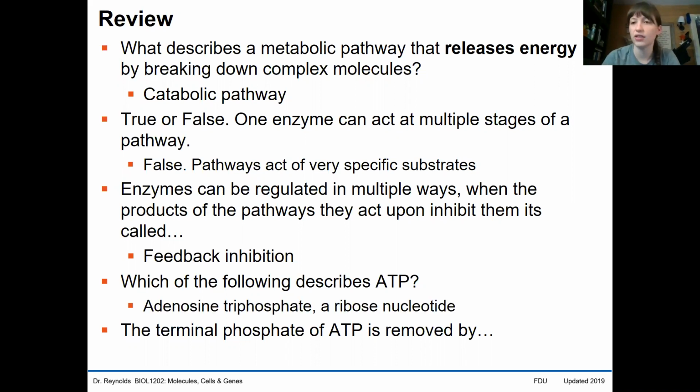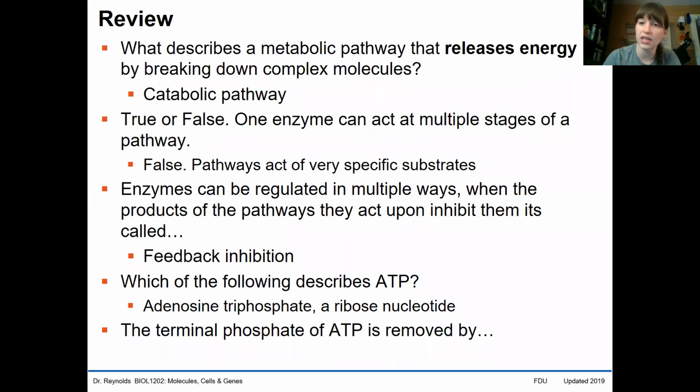ATP is adenosine triphosphate. It's a ribose nucleotide. Not only can it be incorporated into a ribonucleic acid as the A nucleotide in the chain, but it can also be used for energy, and the cell is able to use ATP to do work because ADP is going to be a lower free energy molecule than ATP.